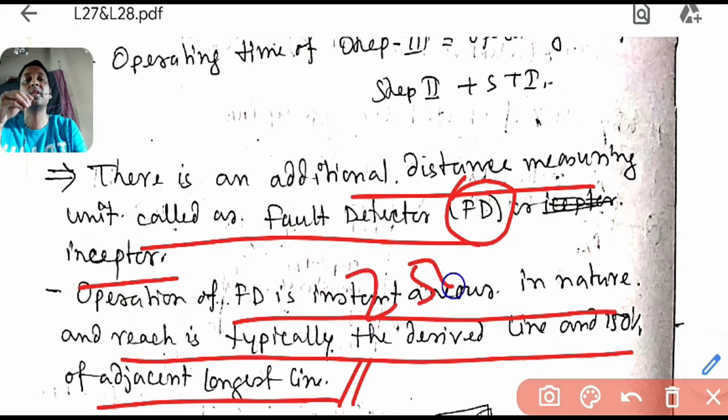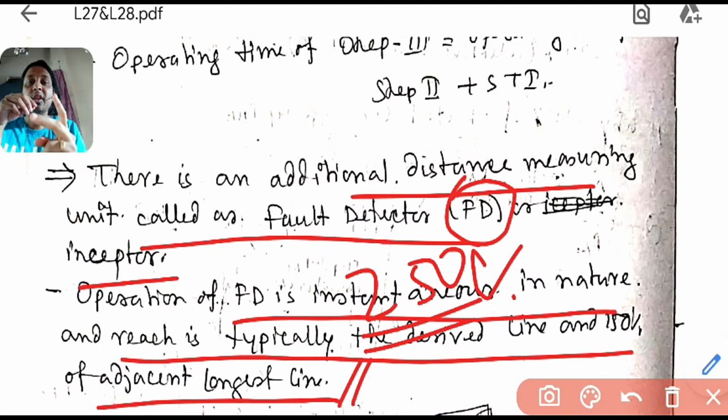It is 250% now, 100% of the original line plus 150% of the next longest line. So up to 250% it can sense if there is any fault or not. So the first one is 80 to 90, the second one is 150 of the shortest, the third one is 100 then 120 of the longest, and this one is 100 and 150 of the longest.